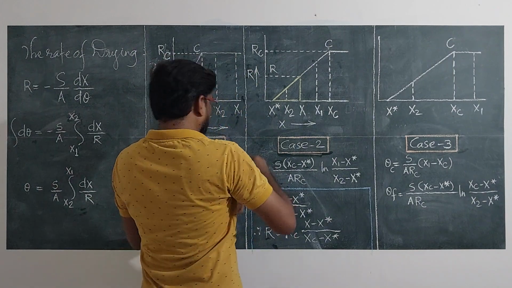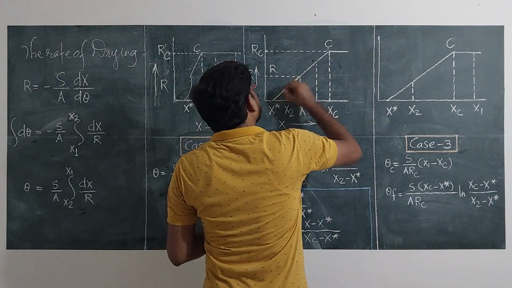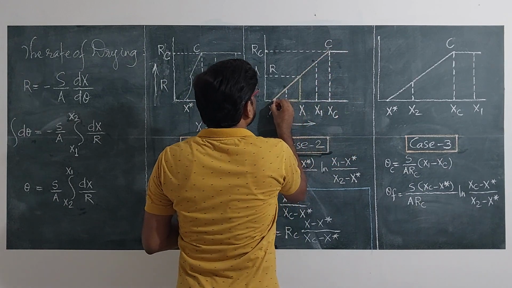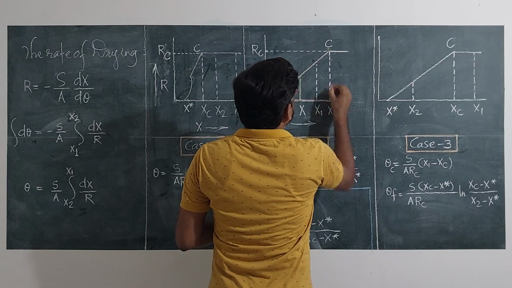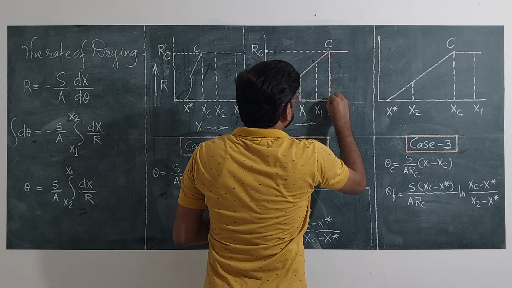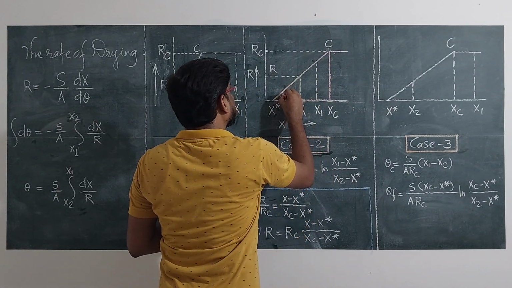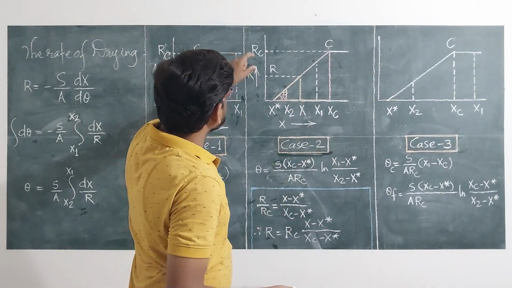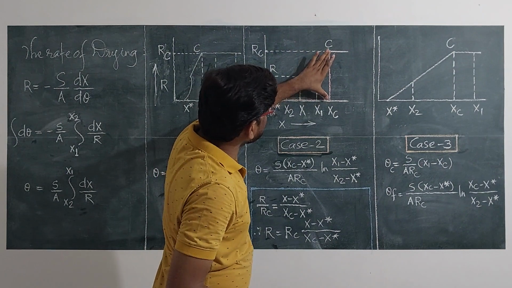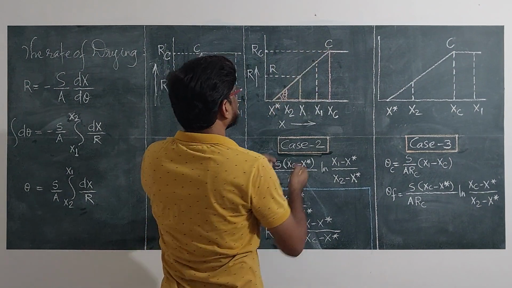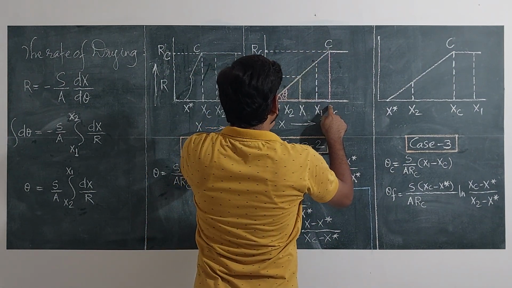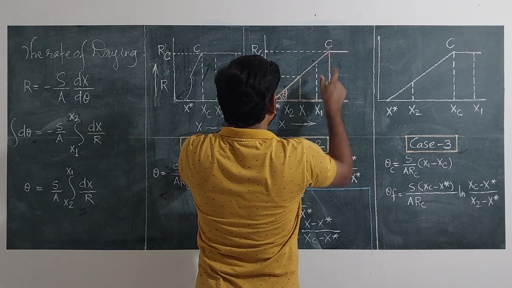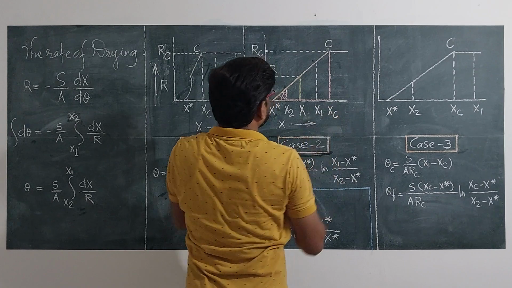Similarly, with this triangle, with the same theta, we would get RC upon XC minus X star.